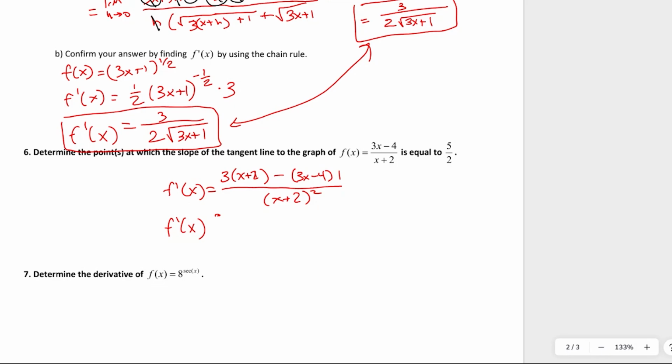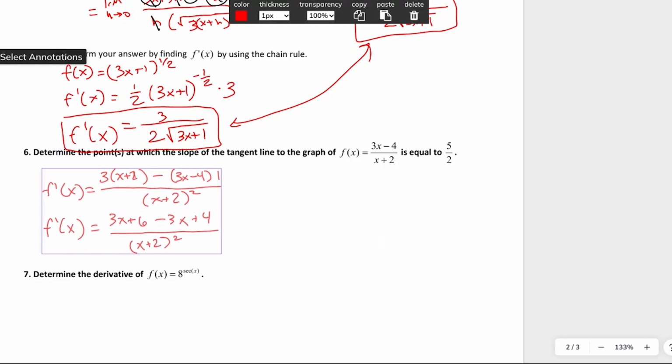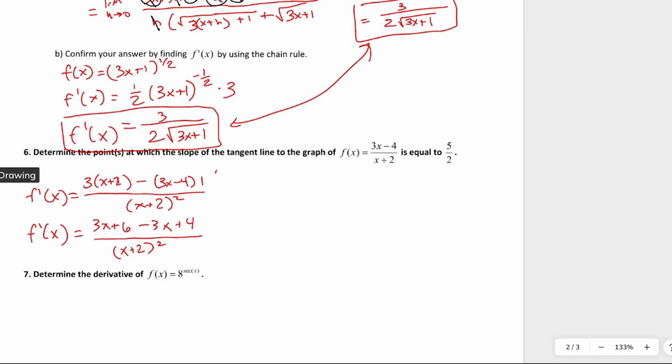So we get 3x plus 6 minus 3x plus 4 all over x plus 2 squared. And if I simplify that one more step here, f prime of x is going to be the 3x minus 3x just cancel out, so we just get 10 over x plus 2 squared.